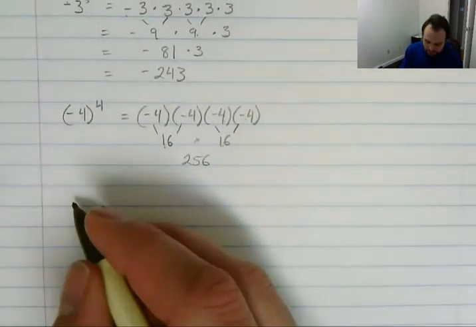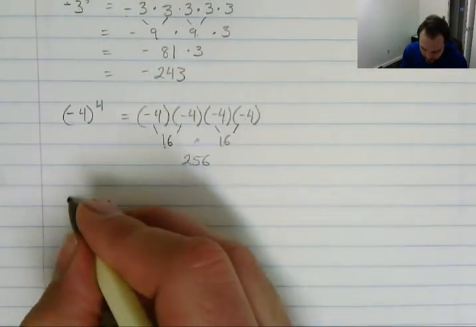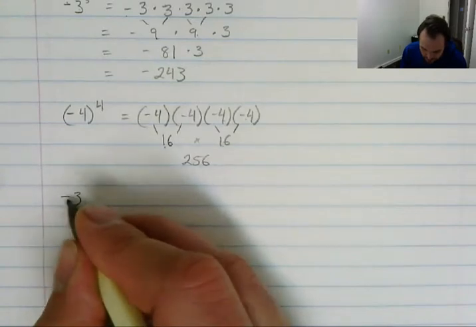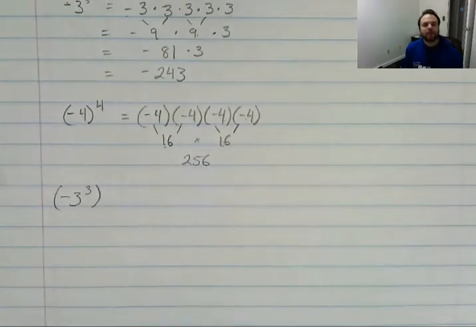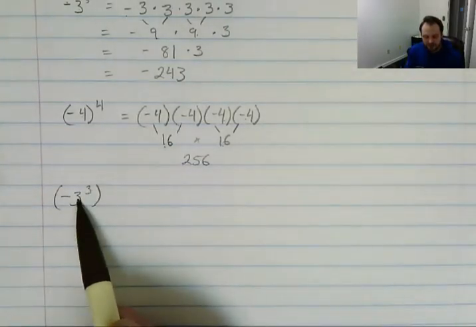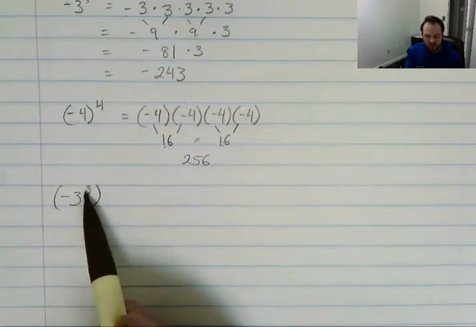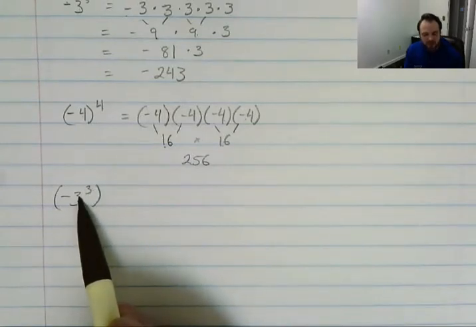I'm going to try, let's go this way, negative 3 to the 3. Now if I look at this, this 3 is inside the brackets, so it's only cubing this 3.